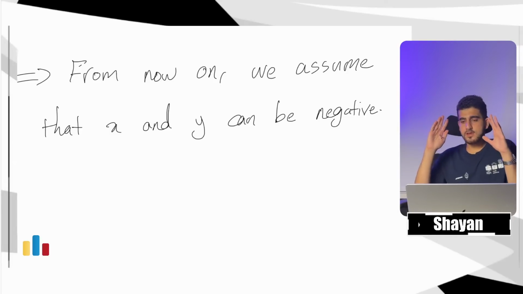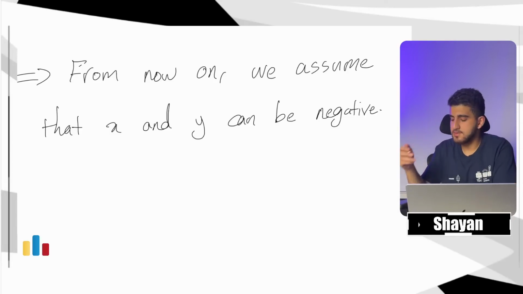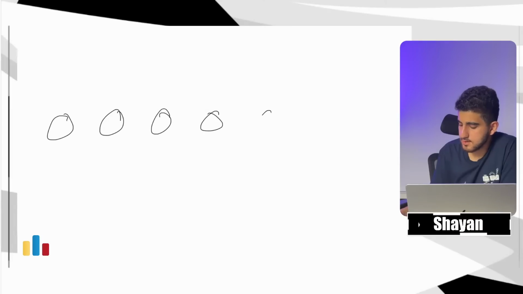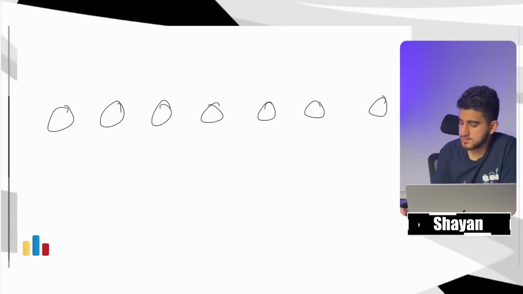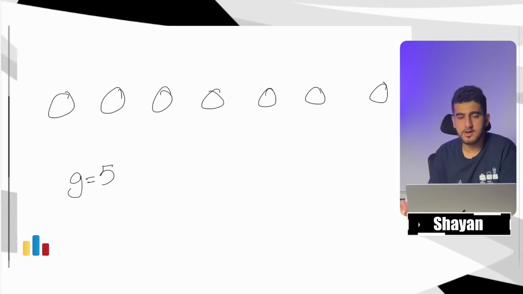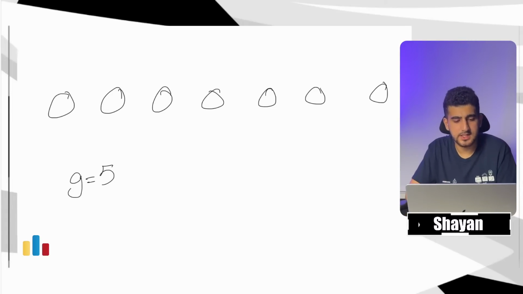Okay? And when x and y can be negative, the only point is that for each index, we know what it is modulo g. For example, assume that g is 5. Or let's take a real example. In the first case, g is really 5, but let's take other examples as well. Let's consider this example.